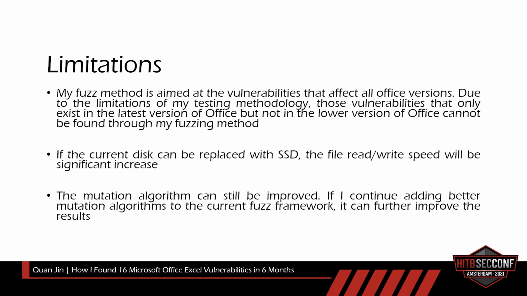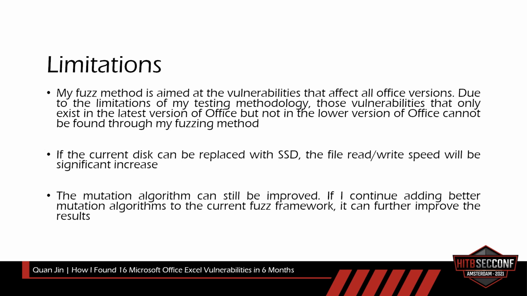Due to the limitations of my testing methodology, vulnerabilities that only exist in the latest version of Office, but not in lower versions, cannot be found through my fuzzing method. If the current disk can be replaced with an SSD, the file read-write speed will be significantly increased, which can improve the fuzzing speed a lot.